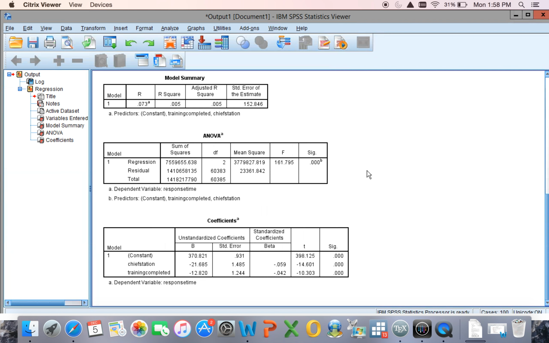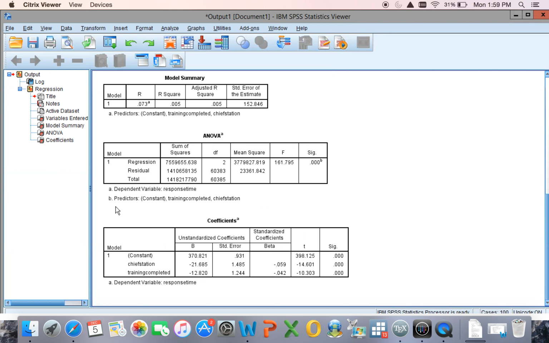If we were to just look at the coefficients and interpret them for what they are, you see under chief station, it's a negative 21.685. Remember, this dummy variable is coded 1 if there was a chief there, 0 if not. So the interpretation would be, on average, ceteris paribus, having a 1, or having a chief at the station, leads to a 21.685 unit decrease in response times.